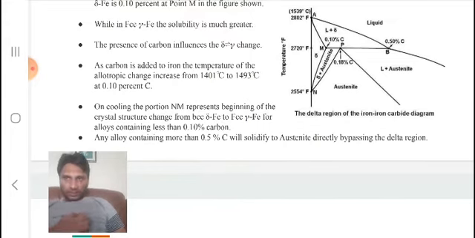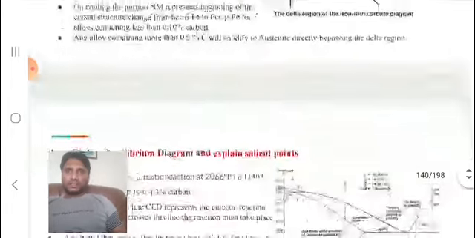This we didn't discuss in the previous videos, because we discussed the various phases, approaching from bottom to up. Now in this video our approach is from top to bottom. So any alloy containing more than 0.5% carbon will solidify to austenite directly, bypassing the delta region.